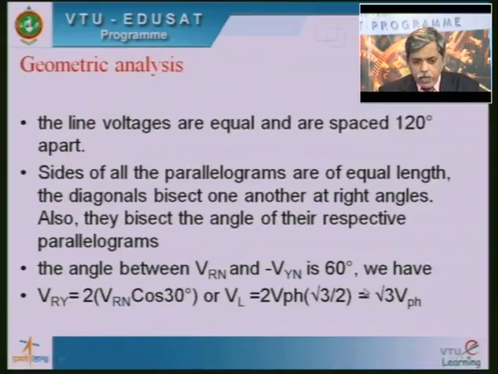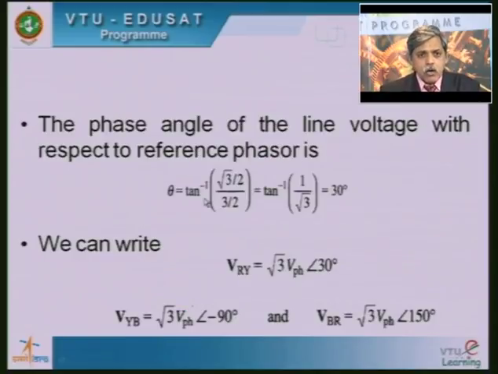Now if I try to calculate the phase angle, I know both the real and imaginary components. So the angle theta is equal to tan inverse of imaginary component by real component, so I will get 30 degrees. Therefore VRY I can write as √3 times V phase at an angle of 30 degrees.